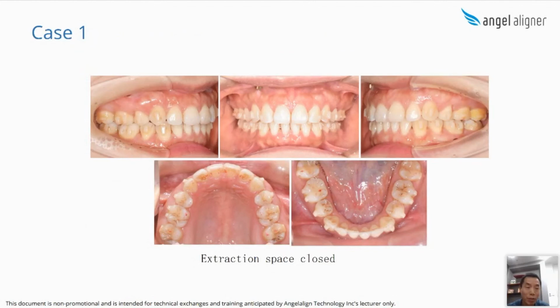Although it seems perfect from the picture, in clinical examination we found the occlusion of posterior teeth not very tight. The interproximal contact of lower incisors also did not get tight.